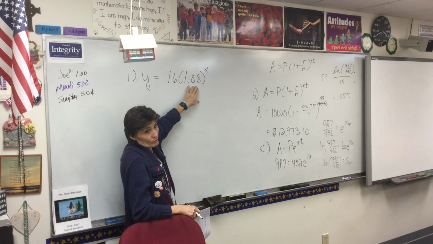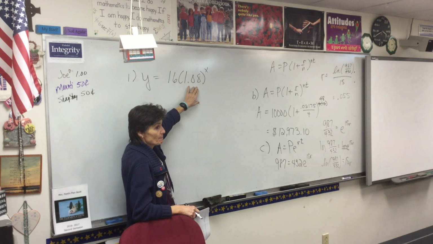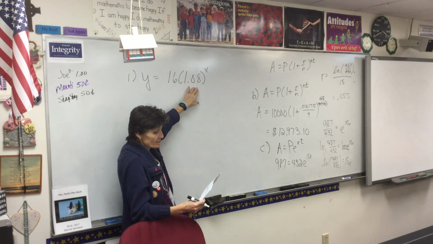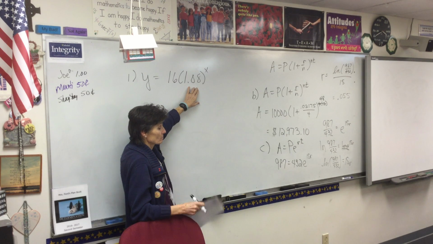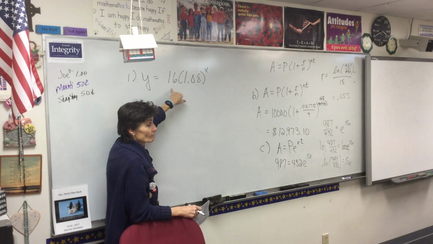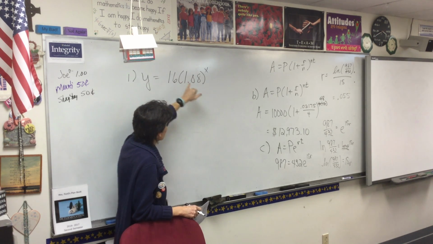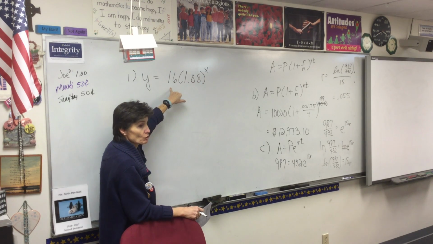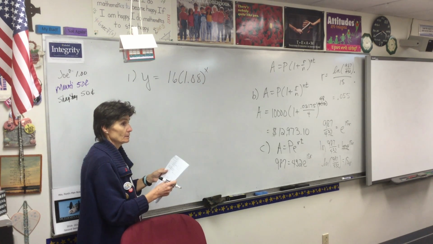How much bigger than 1 is it? 8%. So b is 8% growth. What is the initial value? 16. This is a, a times b to the x. A is your initial value.